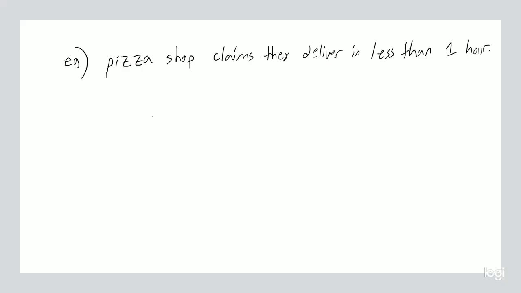Now notice the claim is worded a little differently here. So now the claim is that it's less than 60 minutes. Not less than or equal to, but less than 60 minutes. Well, that's an alternative hypothesis because there's no possibility of equality here.